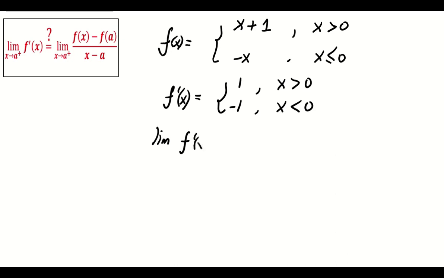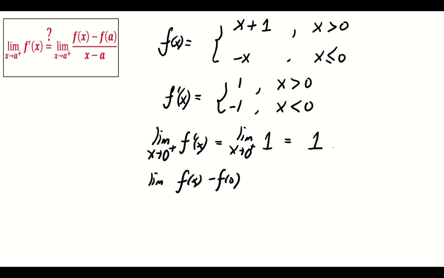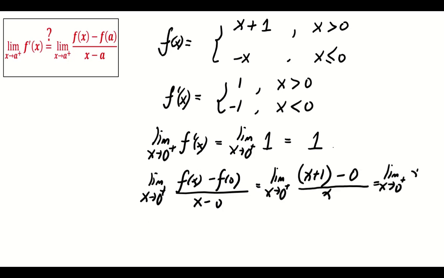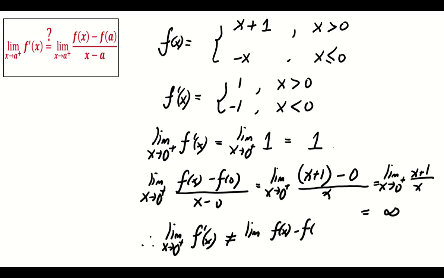Based on this, the limit of f prime x as x tends to 0 from the right is 1. Whereas for the right derivative, using the definition, it is infinity, or we say that the limit does not exist. Hence, in this example, the values of these two expressions are not the same.